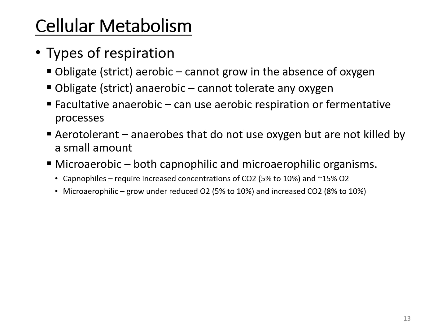So it can actually do its metabolism a couple of different ways. In aerotolerant organisms, these are anaerobes that do not use oxygen but are not killed by small amounts if it is present in the environment. So they don't really need oxygen in order to do their metabolism process, but they can still grow and still function if there is a little bit of oxygen present in their environment.